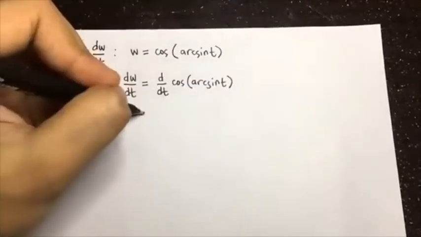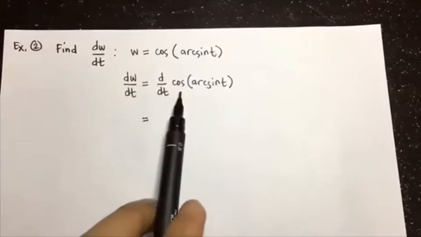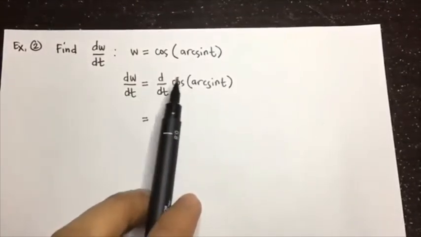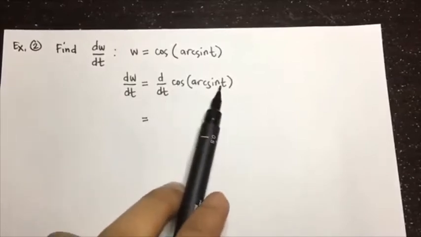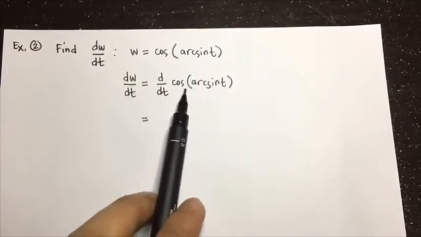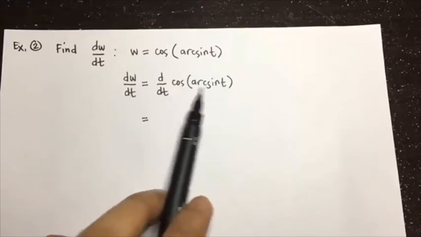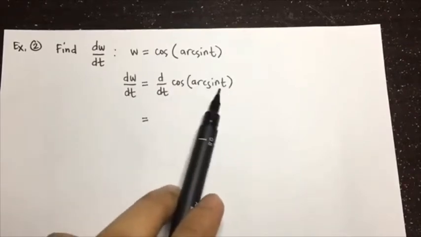The derivative of cosine is negative sine, right? So negative sine of this, multiplied by the derivative of this.